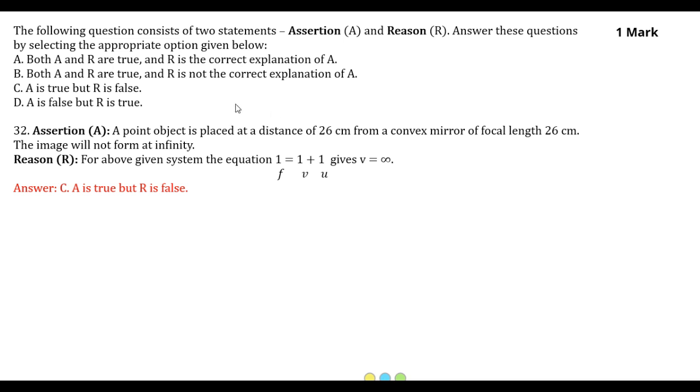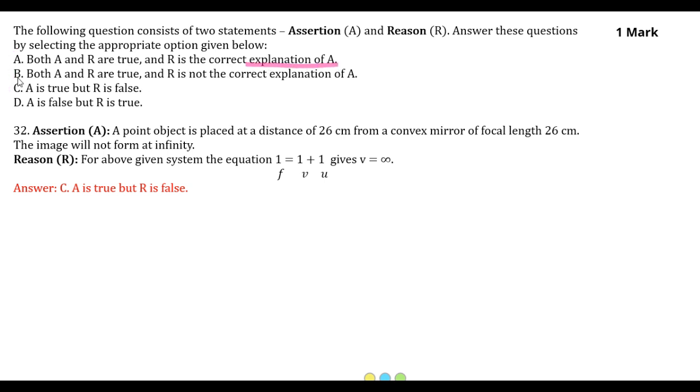Now the next question, question number 32, is also going to carry 1 mark. This is an assertion and reason question. The following question consists of two statements, assertion and reason. Answer this question by selecting the appropriate option given below. We have four options. Option A: both assertion and reason are true, and reason is the correct explanation of assertion.